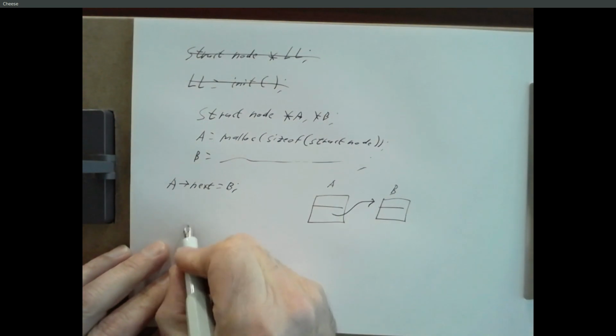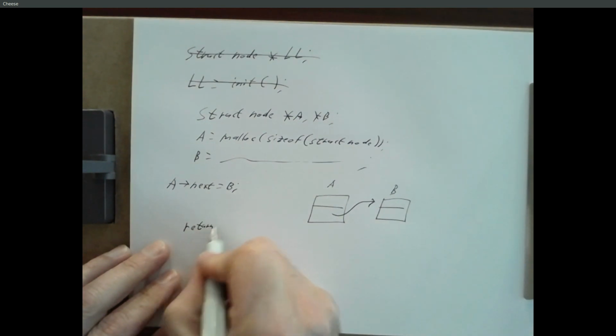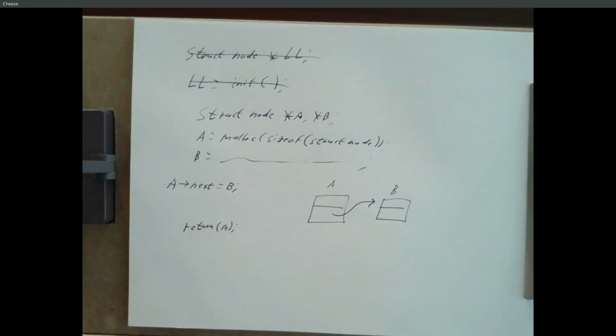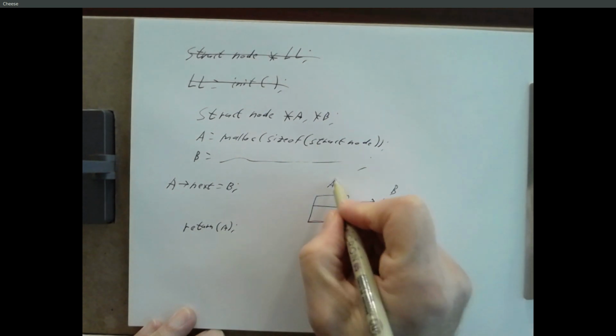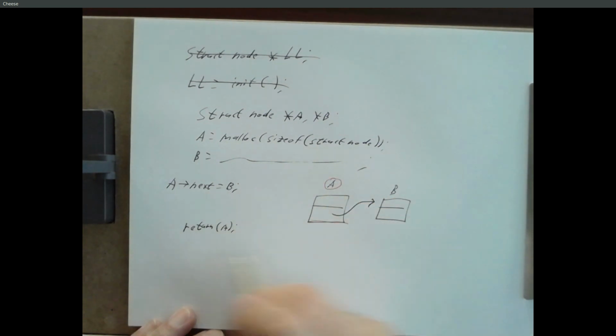And if I said something like return A, what I'm going to return is the address of this node, right? A is the location in memory where this node is stored. So when I say return A, I'm returning an address.